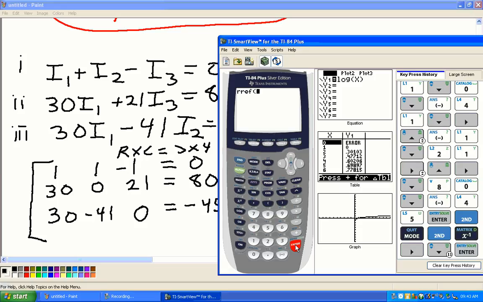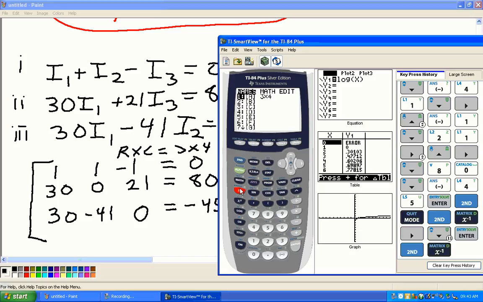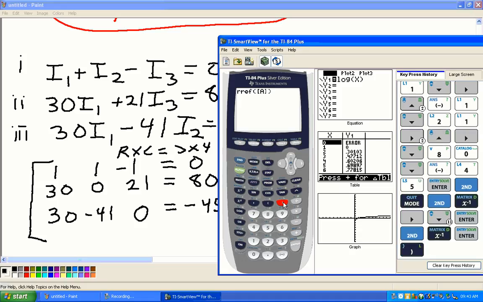So now we need to go back and tell it which matrix to put into the reduced row echelon formation. So once more, back to the matrix button. The matrix I want is A. Closing that.